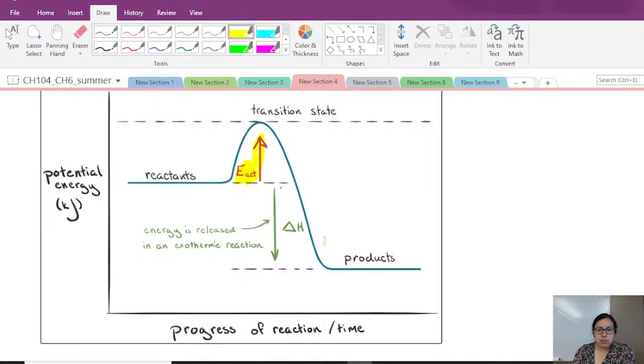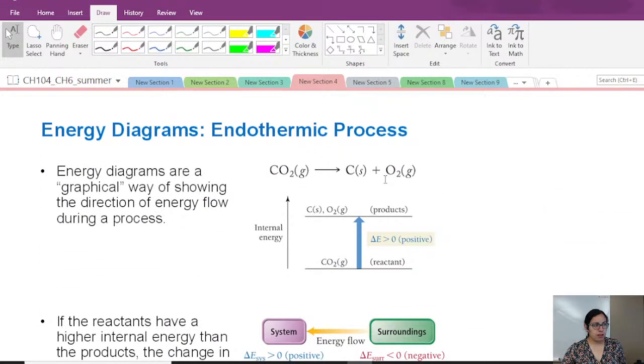And then we want to identify other parts. This is our transition state. This is usually fleeting, and whether you can observe it or not depends on the reaction, but it's just a high energy transition. So endothermic is going to be the opposite.